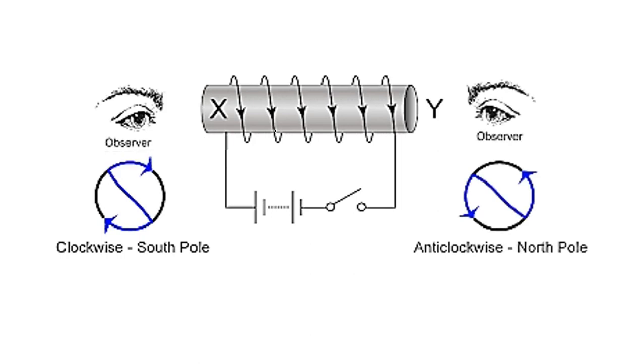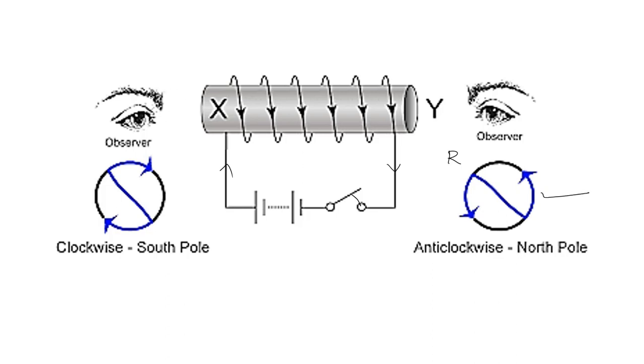Over here in this diagram, if current is passed through the solenoid, if we switch it on, then current will pass. When the current is passing through it, suppose we talk about the right hand side. You can see the current is anti-clockwise, so anti-clockwise will form a north pole.